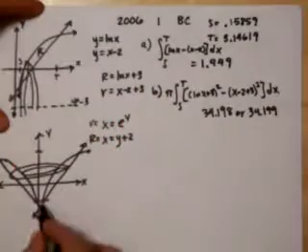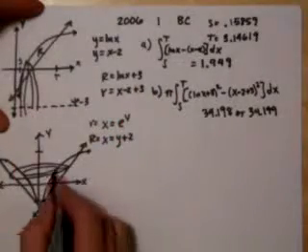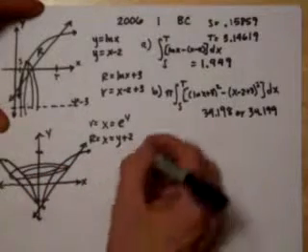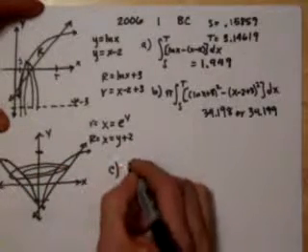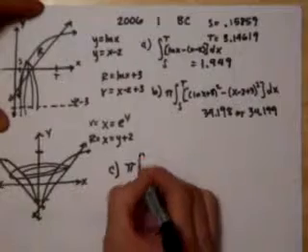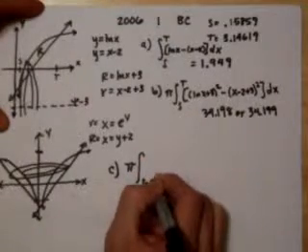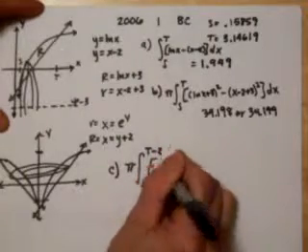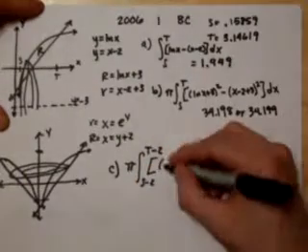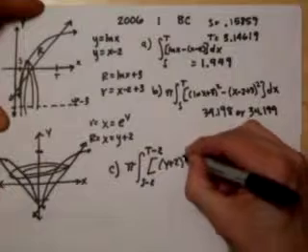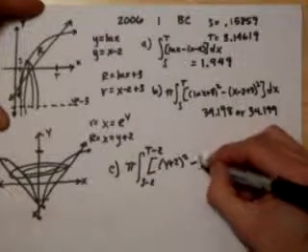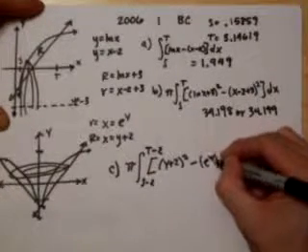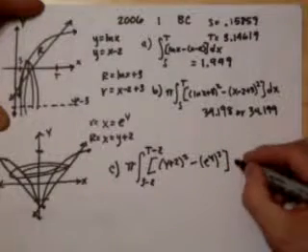This one's S, so this is S minus 2, and this is T minus 2. So I'm going to have pi times the integral from S minus 2 to T minus 2 of the large radius squared minus the small radius squared with respect to y.